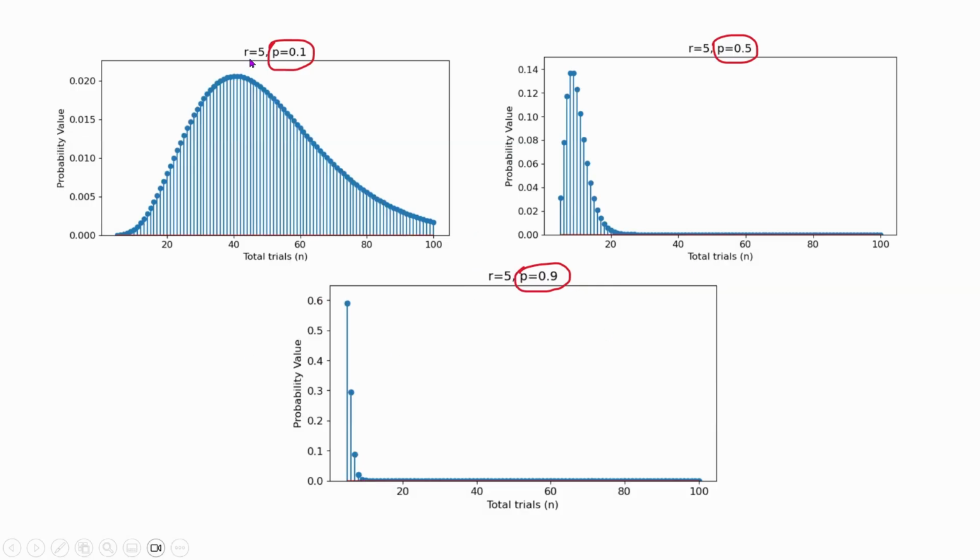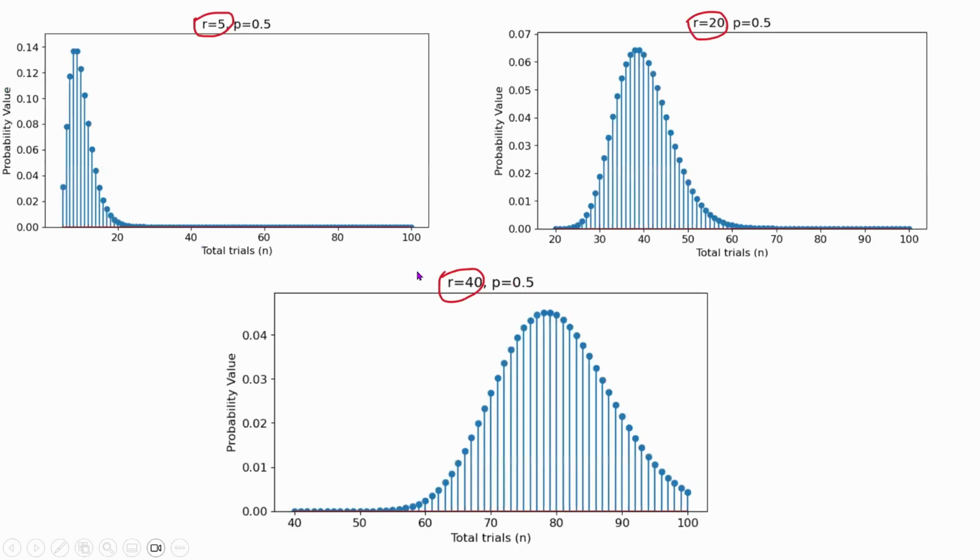Now, we can also vary r, because r is also a variable here. That means the number of successes you want to achieve is also a parameter. So if we have r equal to 5, understand that in all 3 of these plots, the probability of success is fixed to p equal to 0.5. When we require only 5 successes, we can achieve it using only a few events or few trials.